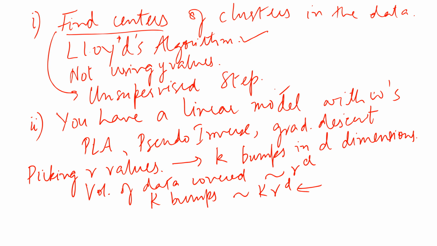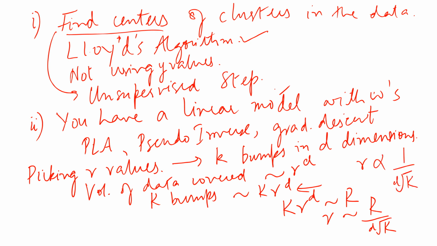So if the data set has a bound of, let's say, some R, then you would want K times r to the D to be almost equal to that R, which means my r is going to be R over the Dth root of K. This is the rule of thumb: r has to be somewhat close to this value, inversely proportional to the Dth root of K.